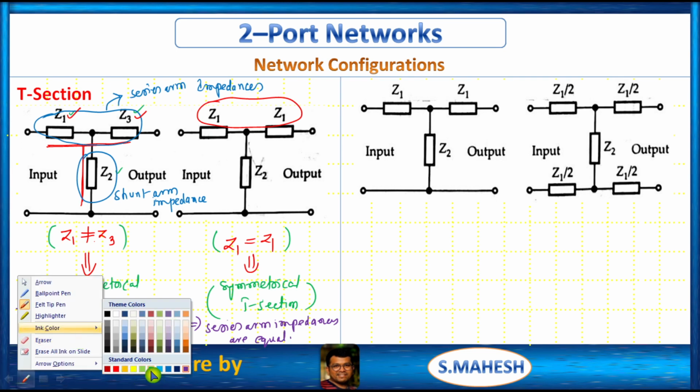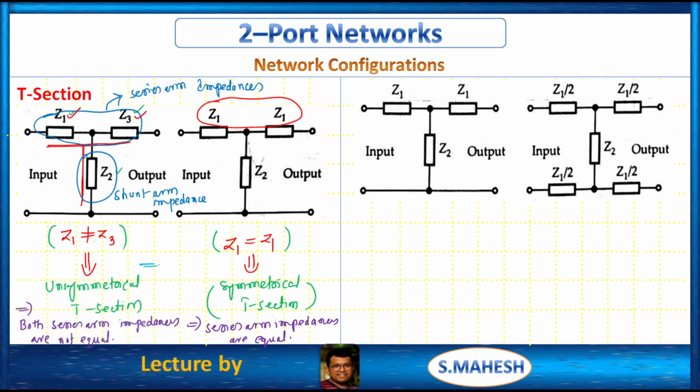Both circuits are having the same shunt arm impedance, right? See, shunt arm impedance is nothing but Z2. Here it is also Z2. So whatever may be the circuit, the shunt arm impedance is the same. So this is about unsymmetrical and symmetrical T section.